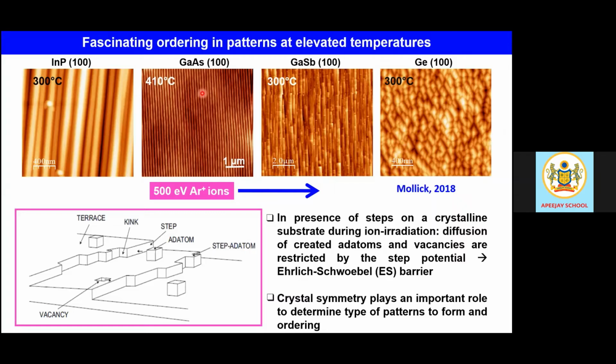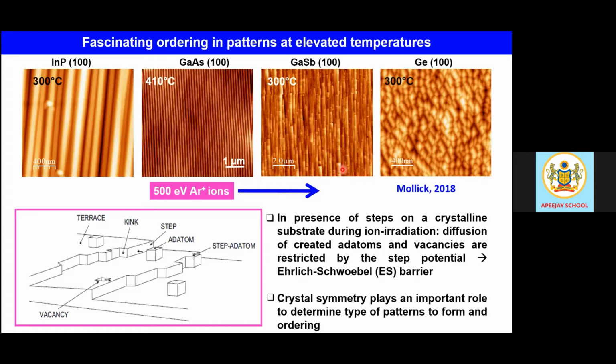So this is the example of 400 degrees centigrade, 300 degrees centigrade elevated temperature, where pattern formation took place for 500 eV argon ions for all four different semiconductors, compound as well as elemental: germanium, and 410 degrees centigrade for gallium arsenide. Beautiful, absolutely grating-like structures are visible, nano gratings. And so it is for indium phosphide, gallium antimonide, and germanium.